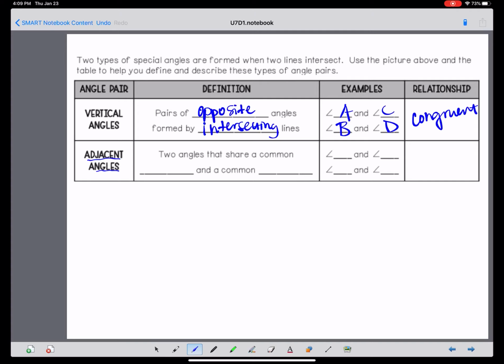And I've said this in class, so if you were in class, you heard me say this. Adjacent means, if I said turn to the person adjacent to you, that would mean turn to the person on the side of you. So adjacent means just directly next to. So adjacent angles are two angles that share a common side and a common vertex. A vertex is the center or the point.